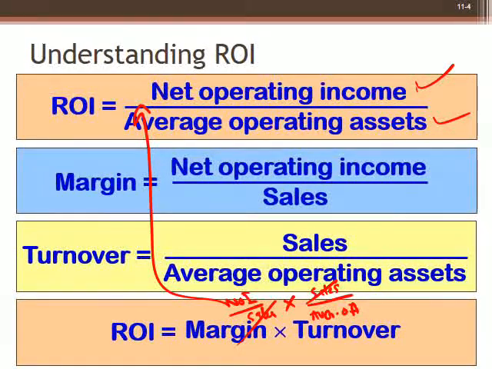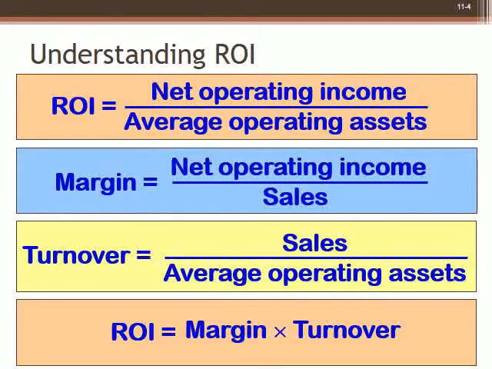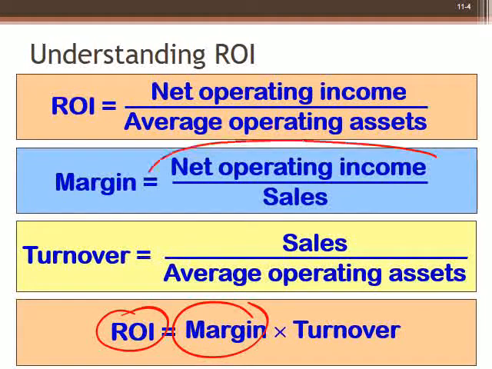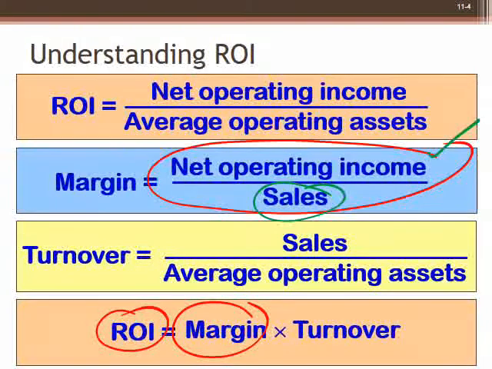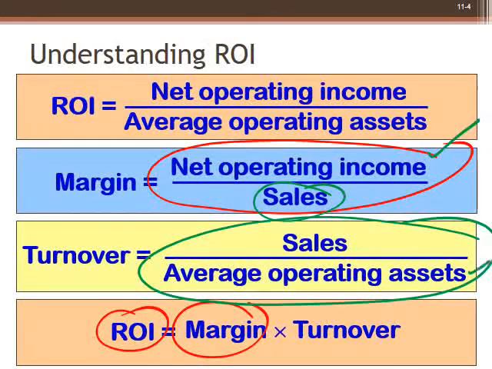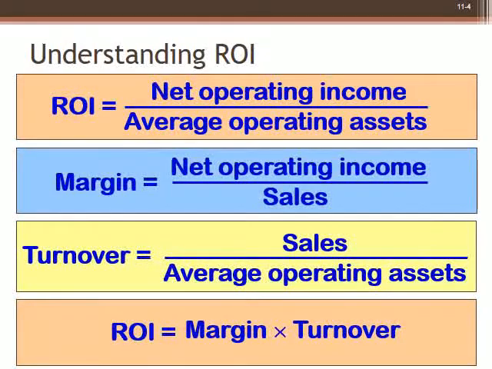So why are we doing this? What DuPont presented is that ROI, return on investment, can be calculated in two ways. One, how much you are utilizing sales to generate net operating income, and two, how much you are using the assets efficiently to generate sales.